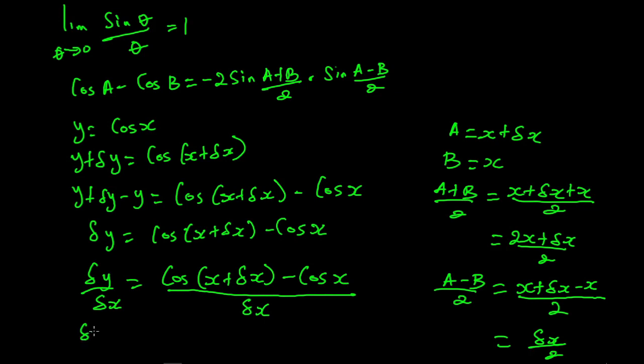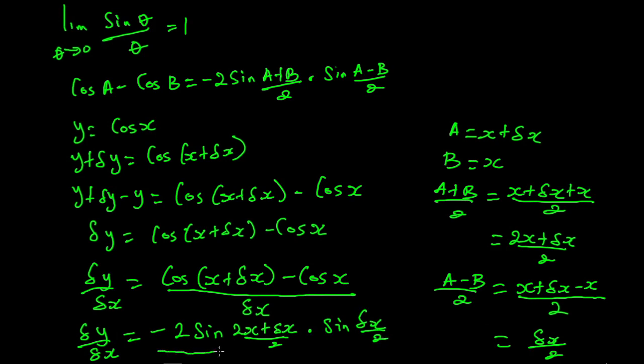In that case, delta y over delta x is equal to negative 2 sine. So a plus b over 2 is the same as 2x plus delta x over 2, then multiplied by sine of a minus b over 2, which is the same as delta x over 2, all over delta x.